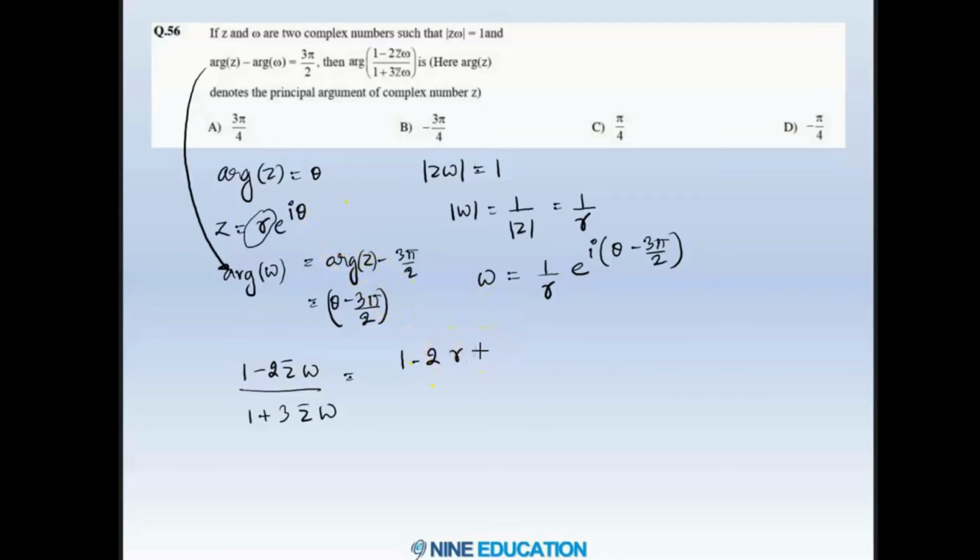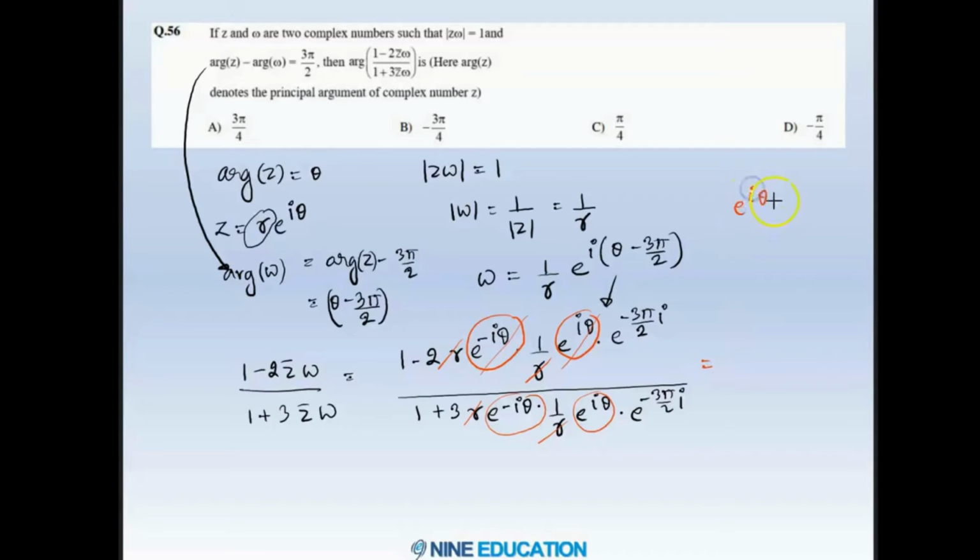Now let's see the values. r and r will get cancelled. e power i theta and e power minus i theta will also get cancelled. In the same way in the denominator, r cancels and these terms cancel, and we are left with e power minus 3 pi by 2 i. e power i theta is written as cos theta plus i sin theta by Euler's form.